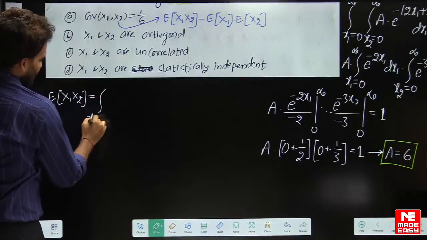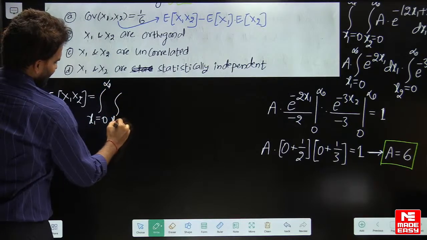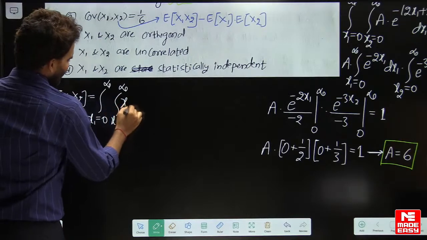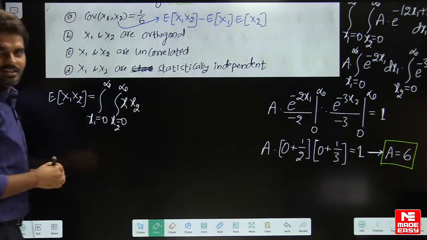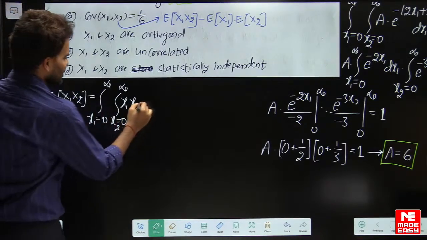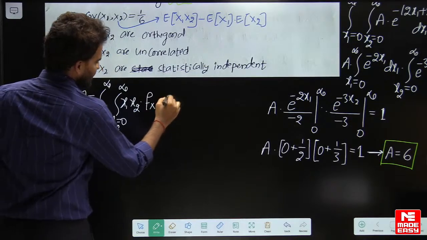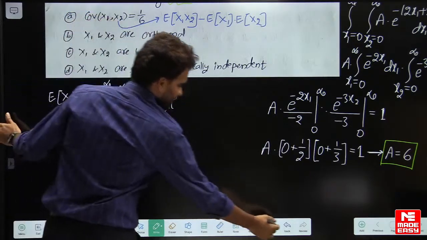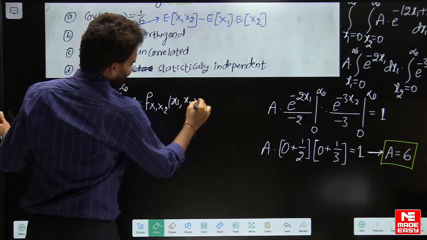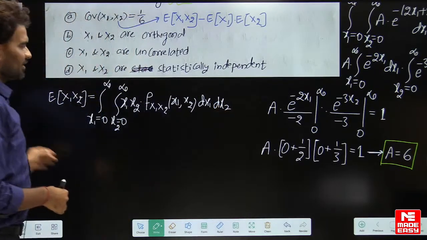This equals the integration over x1 from 0 to infinity and x2 from 0 to infinity. For which quantity are you finding the expectation? The same quantity, I'm finding the expectation of x1 into x2. So x1 x2 times the given joint PDF, f(x1, x2), dx1 dx2.